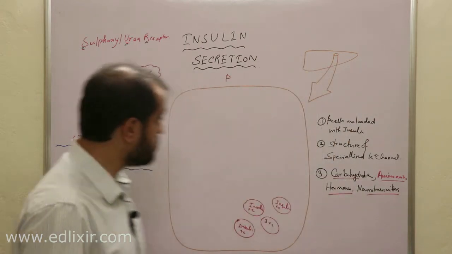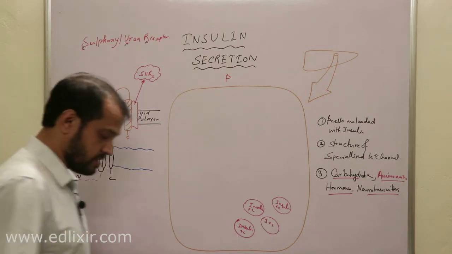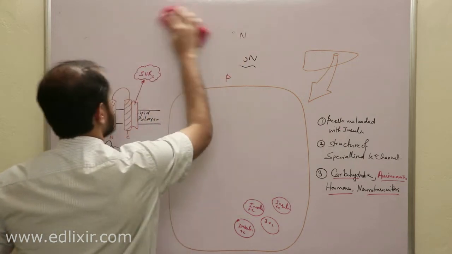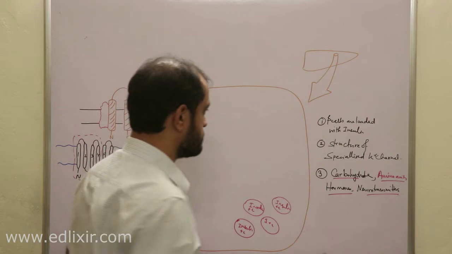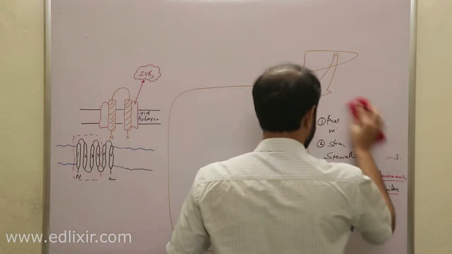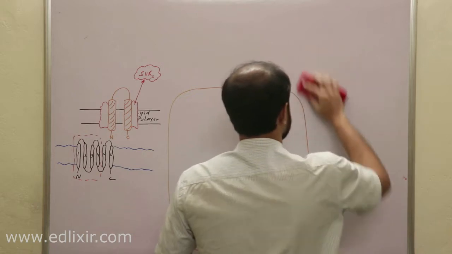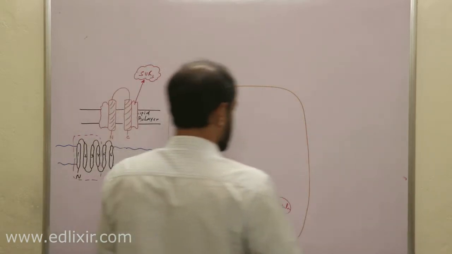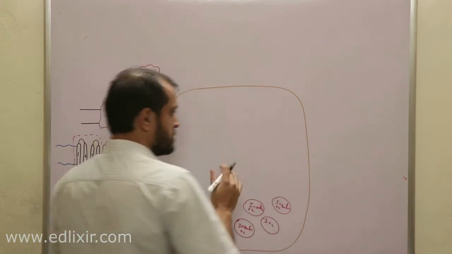Now we will talk about insulin secretion in detail. A very important point you need to understand here is this: suppose this is a beta cell.